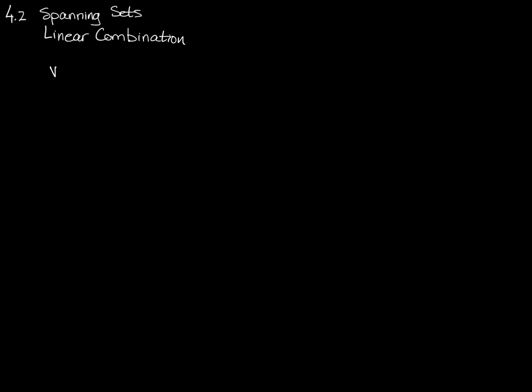Let's say I have the vectors v1, v2, v3, up to vn. That's n vectors. That's a fixed number of vectors, but I don't know what the fixed number is. I can combine these. Let's also say I have a1 and a2 all the way up to a sub n.